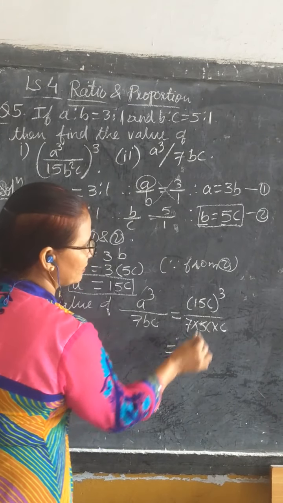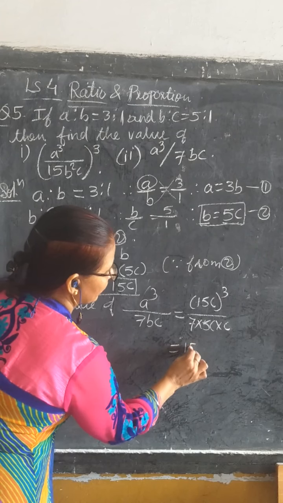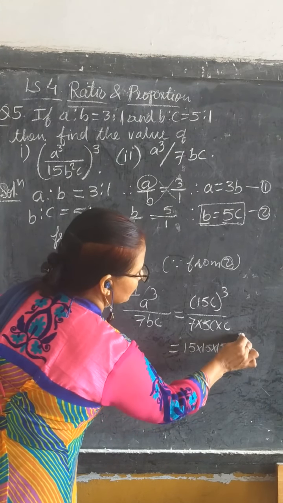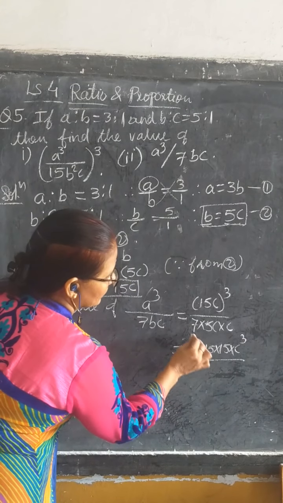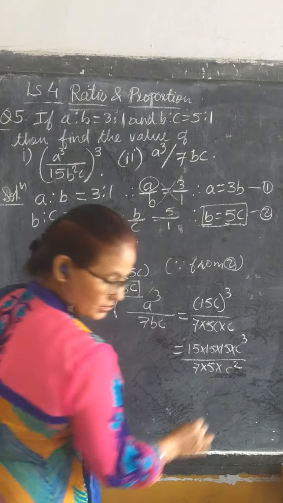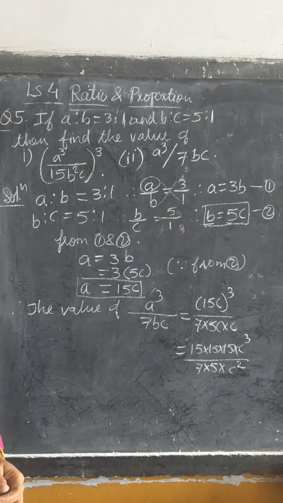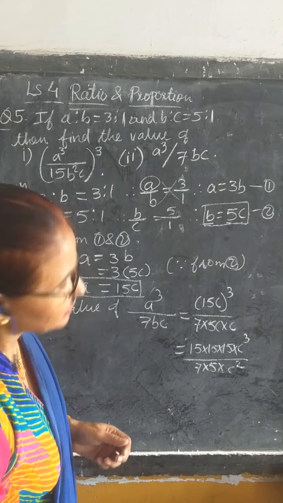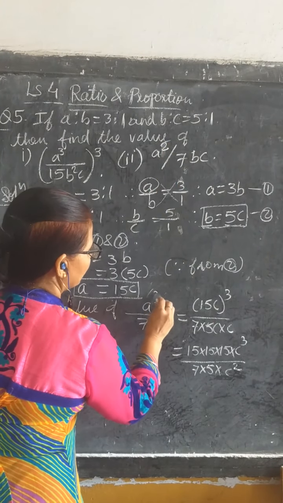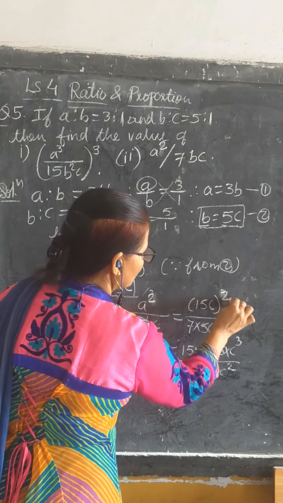Now let's simplify 15 cube, or you can write like this, 15 into 15 into 15 into C cube by 7 into 5 into C square. Sorry children, I think here there is square, not cube. So let's write here square and here also square.